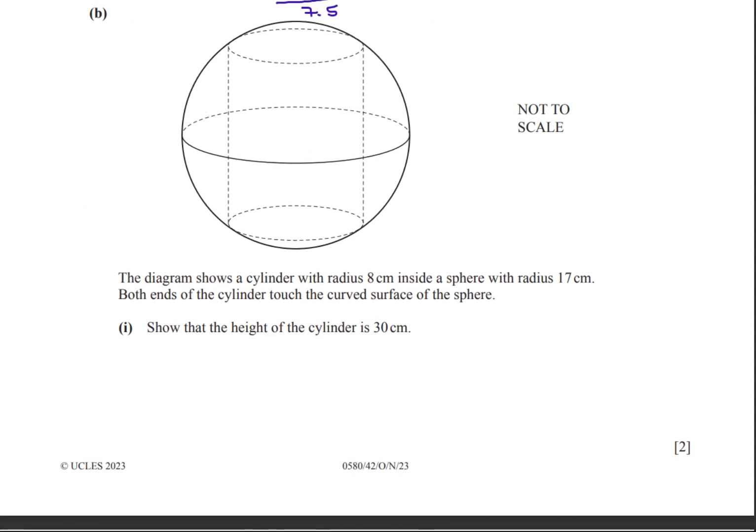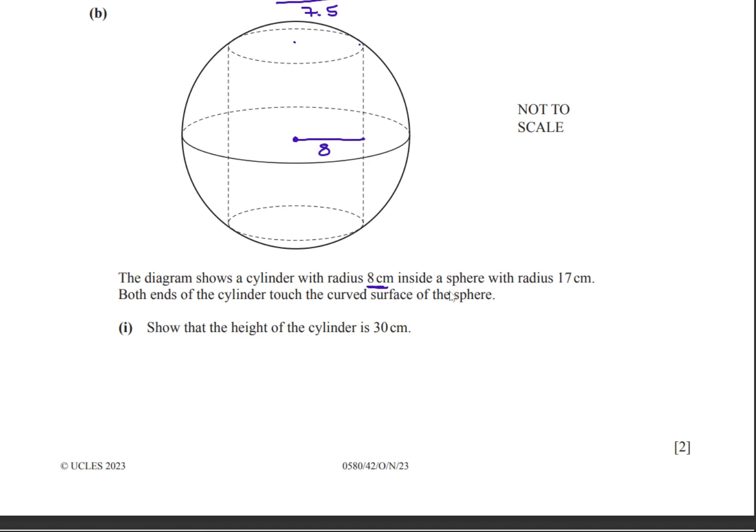This diagram shows a cylinder with radius 8 centimeter inside a sphere with radius 17 centimeter. First of all, if this is the center of the sphere and also the center of the cylinder, where is the 8 centimeter and where is the 17 centimeter? The radius of the cylinder, 8 centimeter, means from here to here, from the center to the cylinder.